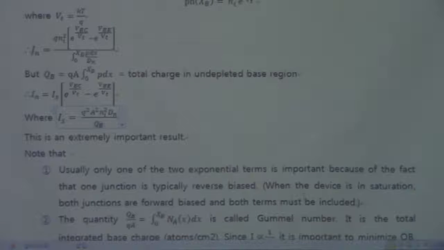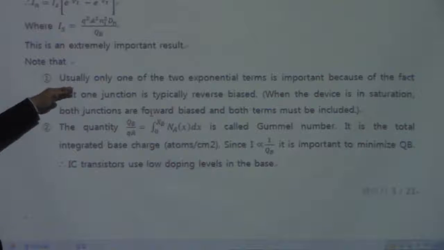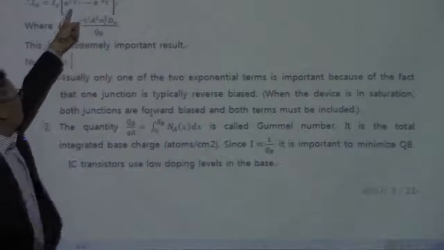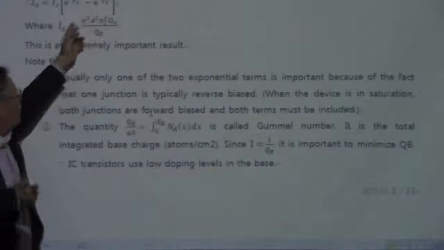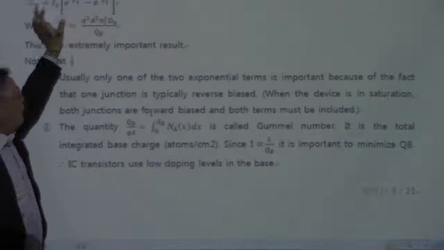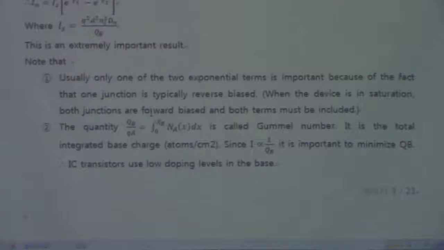That is the basic electrical characteristic of the bipolar transistors. Note, usually only one of two exponential terms is in here. One of these terms has a negative sign, the reverse bias, so that one of these two terms should be negligible.